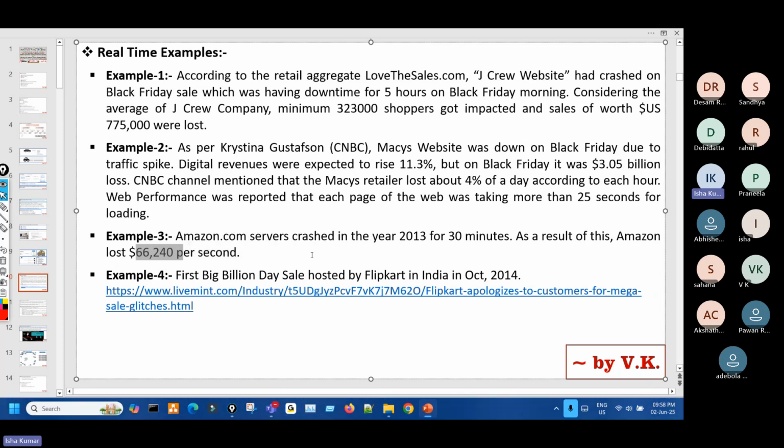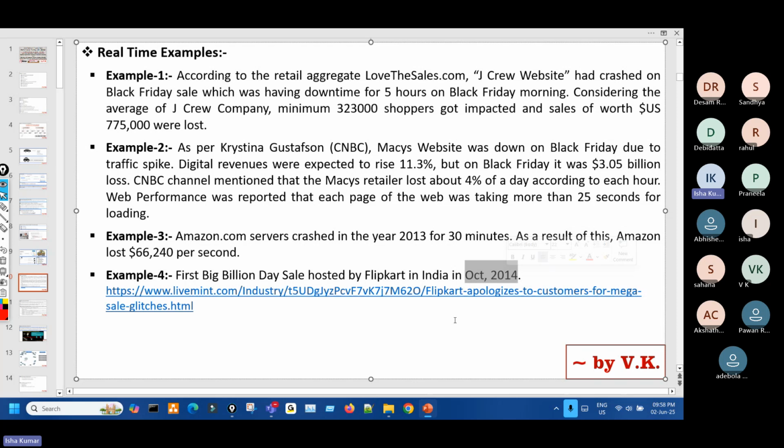In the same way, Flipkart was our first full-fledged e-commerce platform in India. Now many are there, but Flipkart was the first one. The Big Billion Day sale, or you can say the Black Friday sale, Flipkart was the first to introduce that, in October 2014.